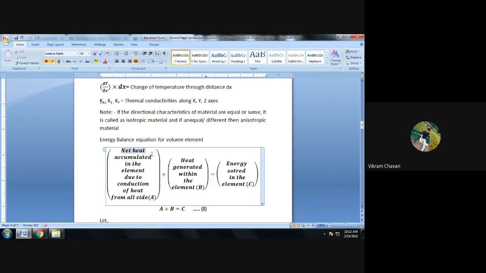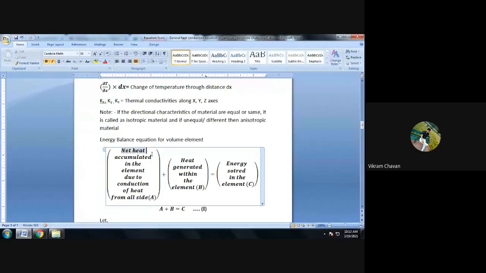The remaining part remains inside that element. That is nothing but accumulation of heat: the difference between entering heat and leaving heat, the amount of heat remaining inside the element in that time period.